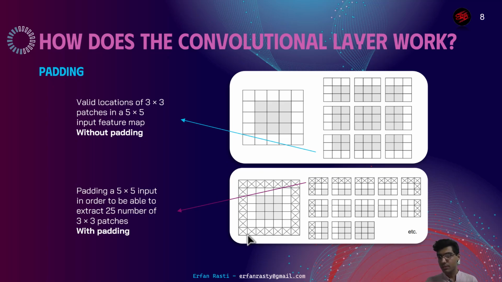The value of these pixels can be equal to the value of the pixels on the edge of the input image. This operation builds a 7 by 7 input image, and the output will be 5 by 5. So the dimensional reduction has been prevented. Note that in this example, the kernel was 3 by 3.